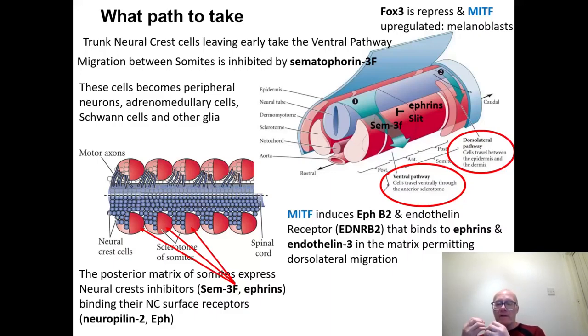So, for example, and this is important, ephrins in the sclerotome were blocking the movement of the neural crest. But here now, because the neural crest are expressing a different surface receptor, ephrin actually allows the movement of this neural crest in this region.